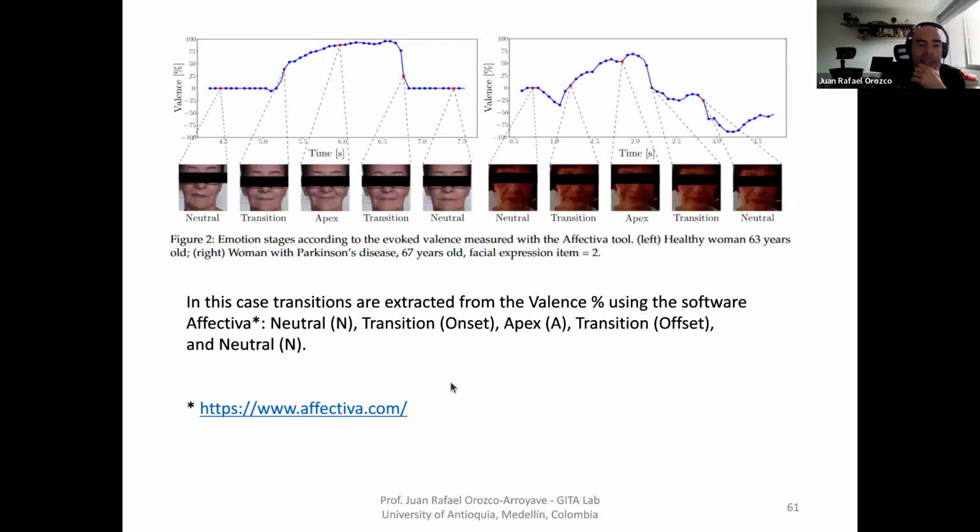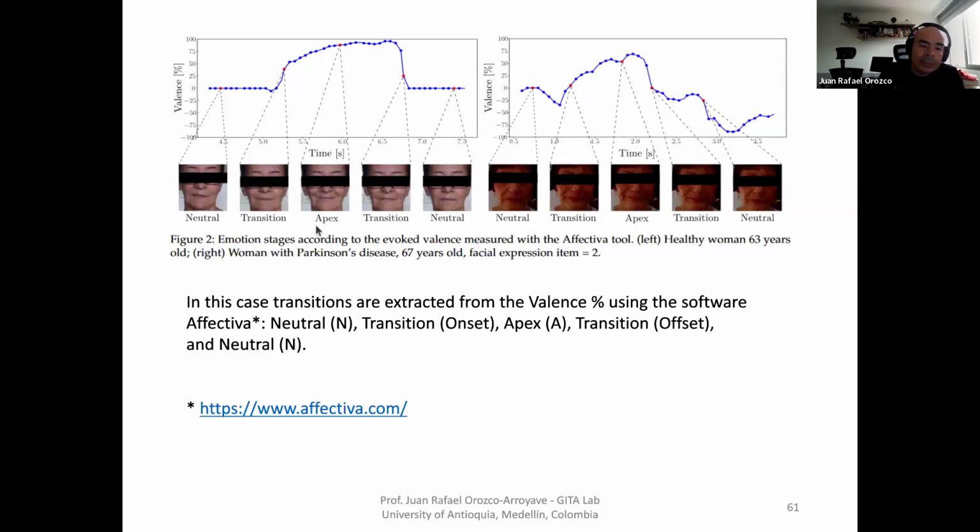And in this case, the first thing we did was to annotate the data according to the transitions, while the person was asked to produce specific expressions, like to smile or to look as mad or things like that.